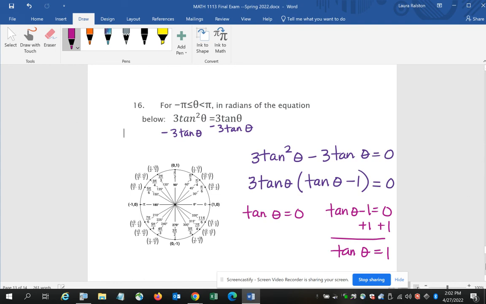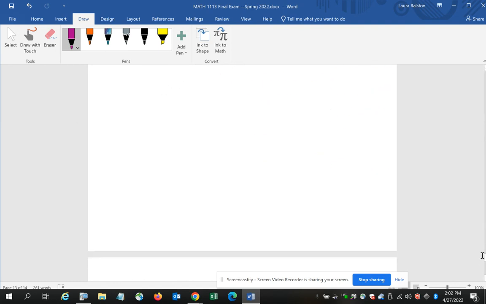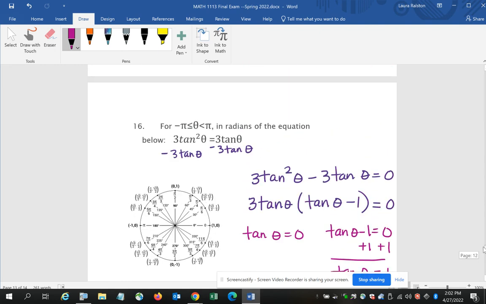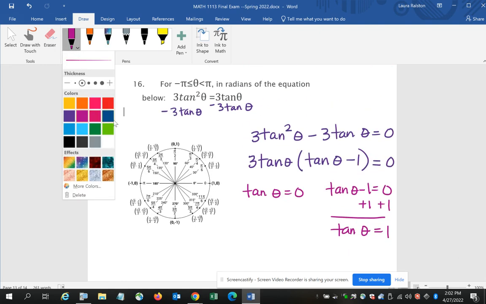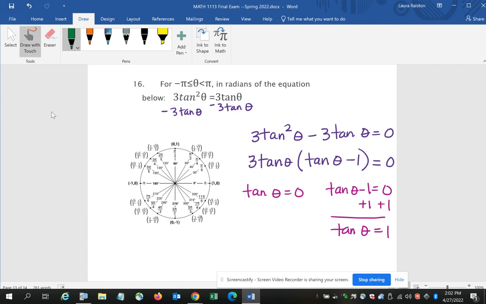Now remember, it's not as easy to identify tangent from the unit circle because it's not a direct read. You have to kind of be familiar with how it is laid out. So for tangent, it's normally sine over cosine, and for it to be equal to 0, your sine value would have to be 0.